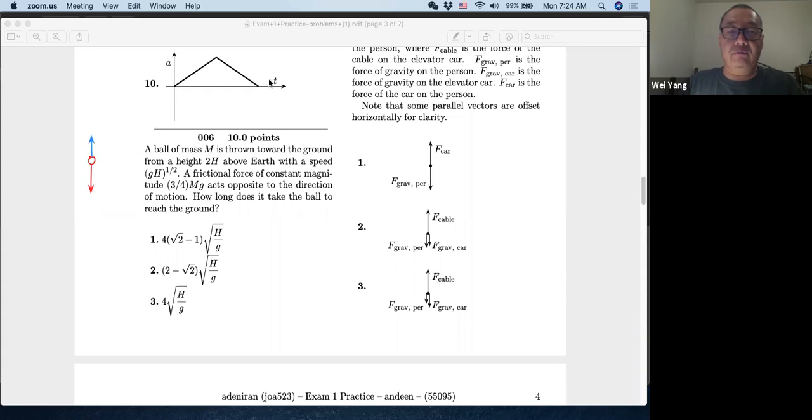Now we need to analyze these two forces. One is the weight, which is mg.